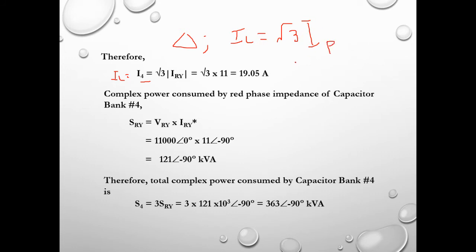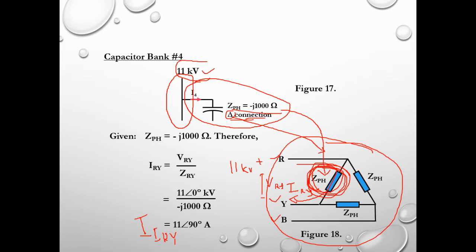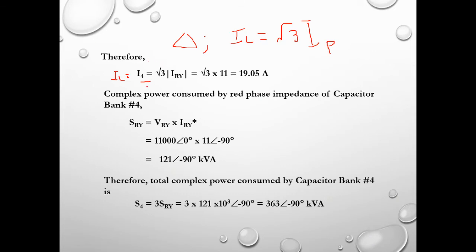I phase in this particular example is IRY, the one I circled here, and all these are in phase mode. IRY is the phase current, and when it comes to I4 we need to convert to the line current by multiplying by square root 3. So 11 multiplied by square root 3, so I line or I4 is now 19.05 ampere.